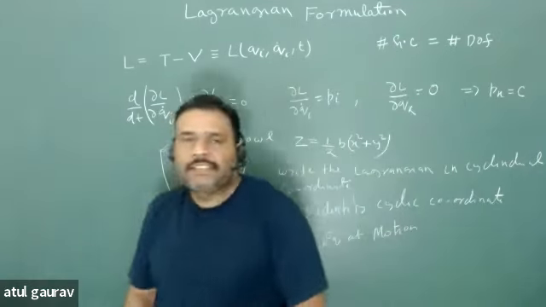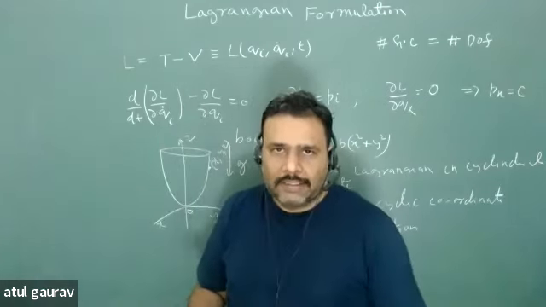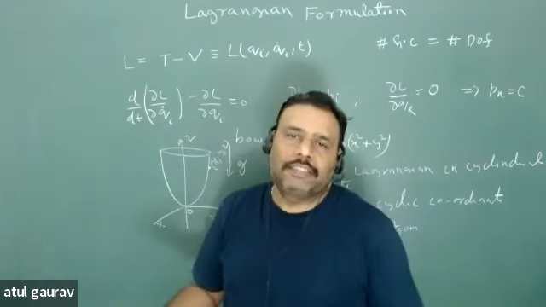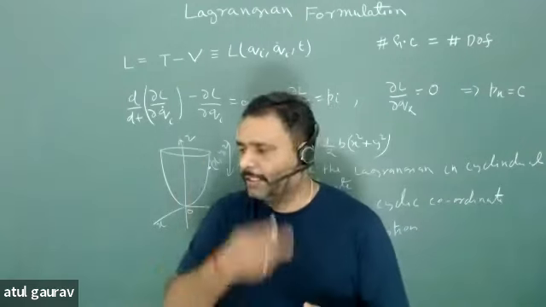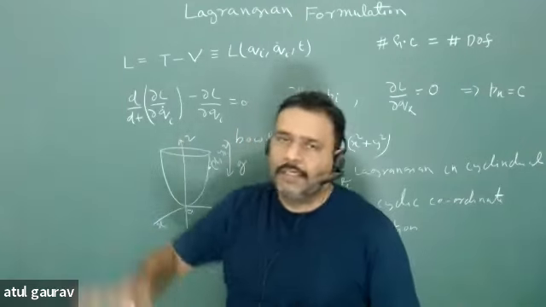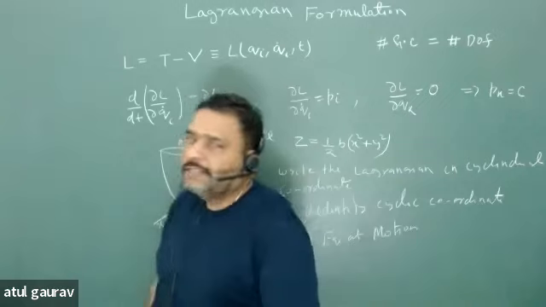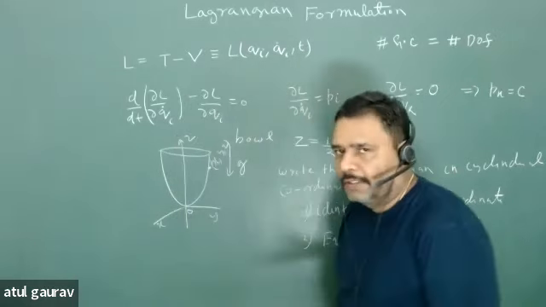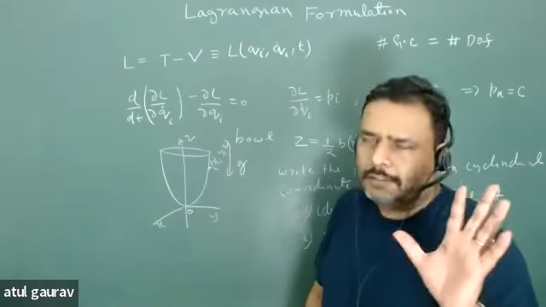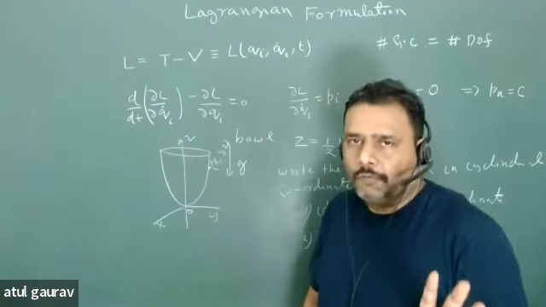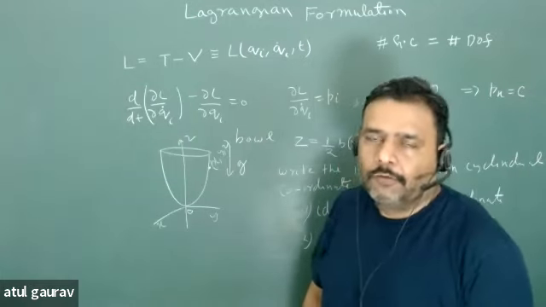The system is three-dimensional: it is rotating and it can also go in a vertical direction. First we have to write the kinetic energy and potential energy in Cartesian coordinates. That is the simplest thing we can do, and after that we will start the analysis.